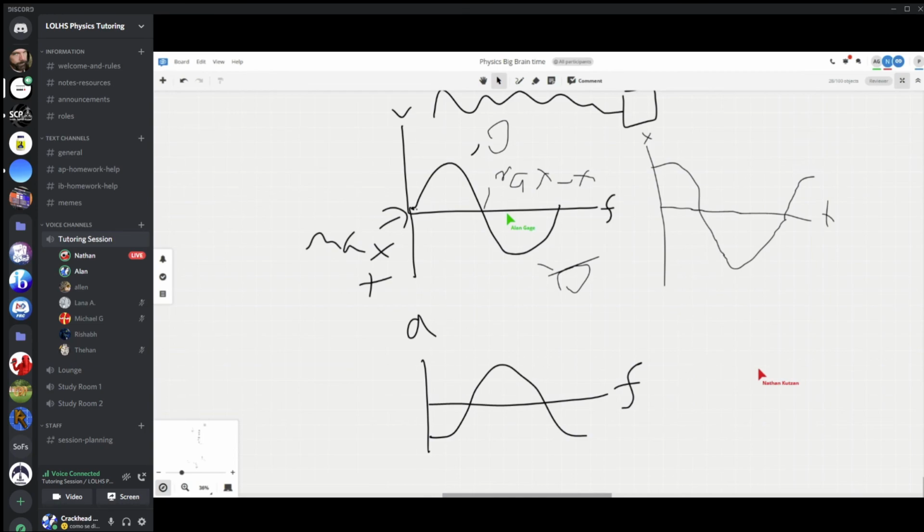The displacement is a cosine graph. Wait, it's the velocity, which was the derivative of the displacement. Which was the acceleration? Acceleration is the a.